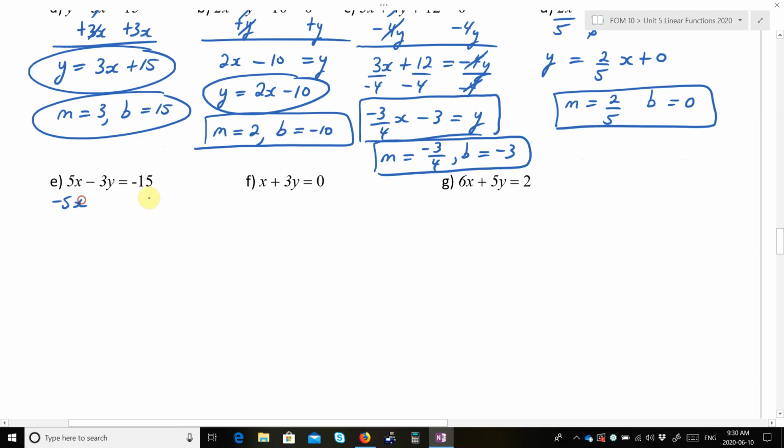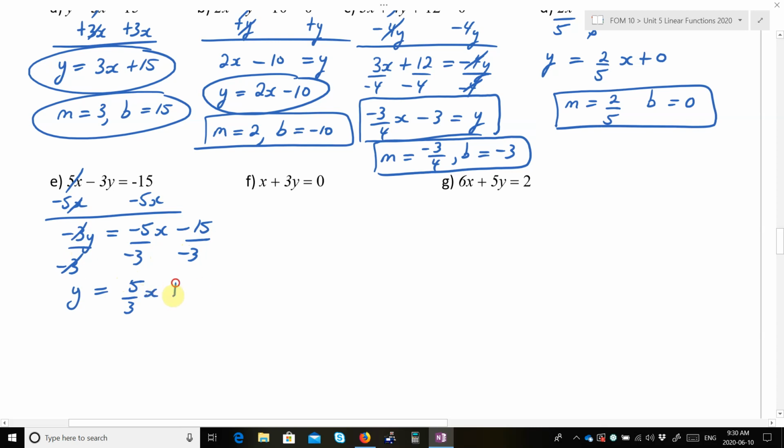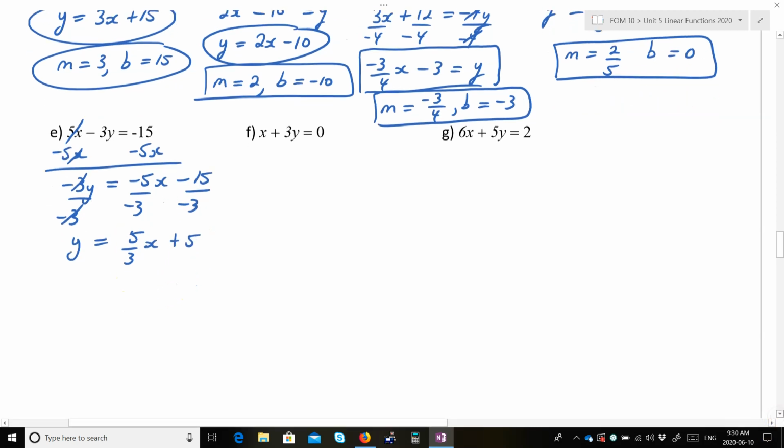And this one here, let's subtract 5x from both sides. Negative 3y equals negative 5x minus 15. Notice I put the x term first because we have to go y equals mx plus b. Divide both sides by negative 3. And we get y equals 5 over 3 times x, and then plus 5.